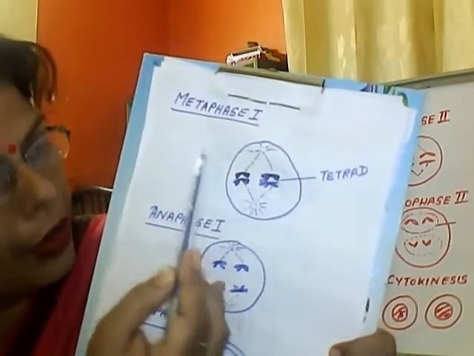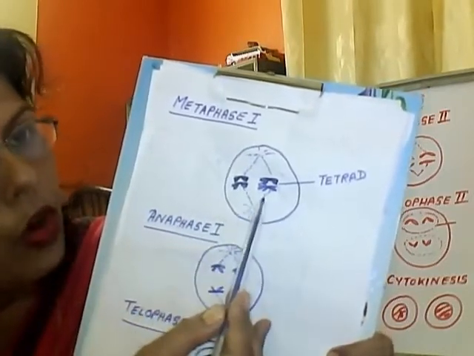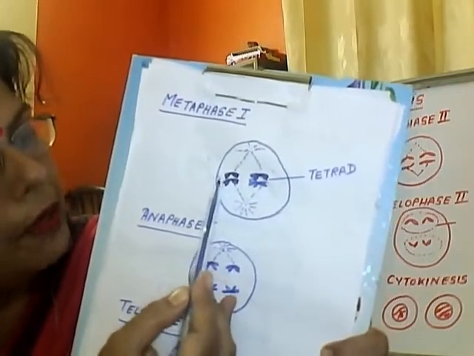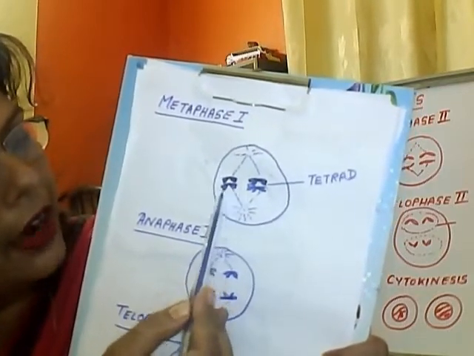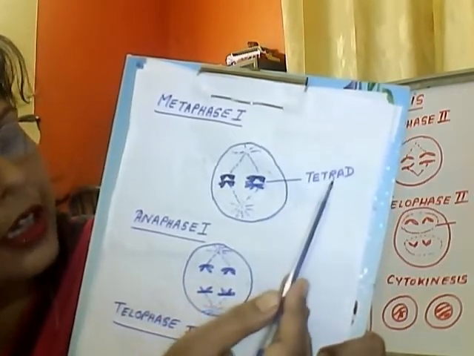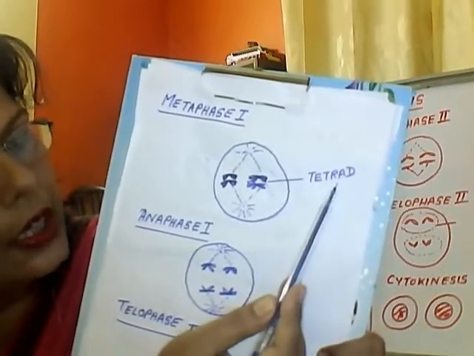While discussing we have used 4 chromosomes. So here also they are having 4 chromosomes, but you just see they are in a group, which is known as the tetrad, which we have already studied.